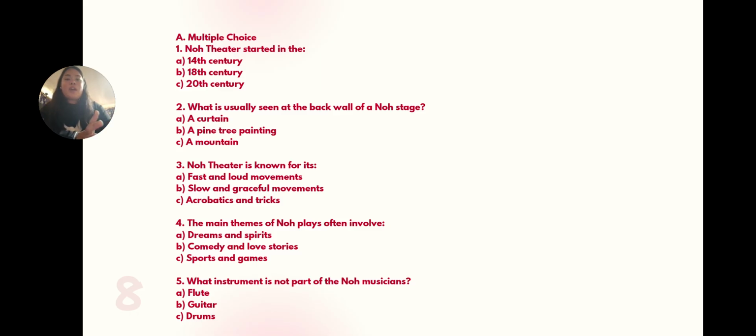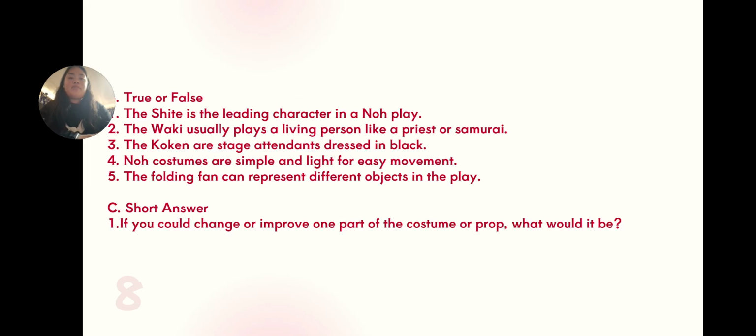We have type A, the multiple choice, five items. Then for the true or false, just answer true or false. I forgot to put the instructions, but just modify if it is true or false. It must have five also.